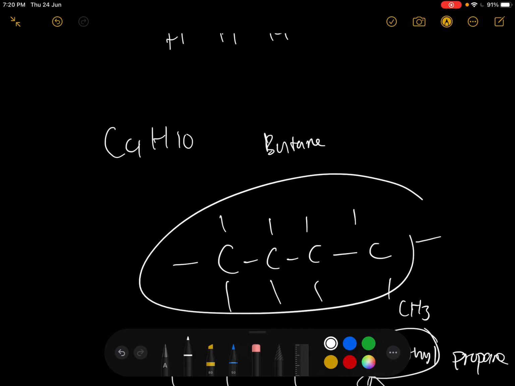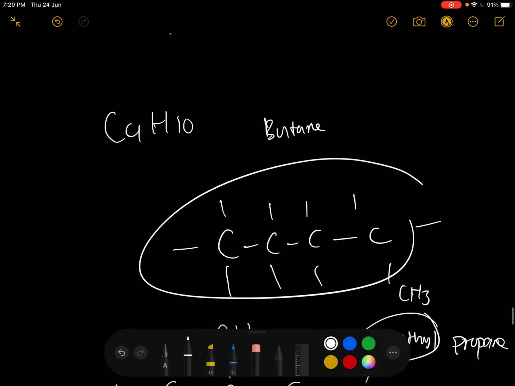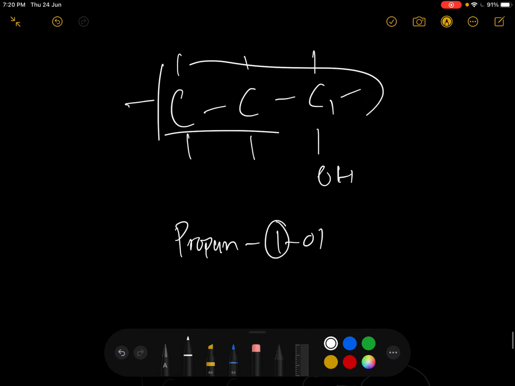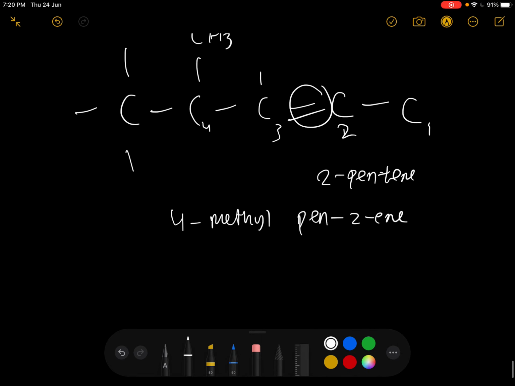These two are chain isomers. But position isomerism is the position of your functional group. So pen-1-ene, pen-2-ene and pen-3-ene are position isomers.